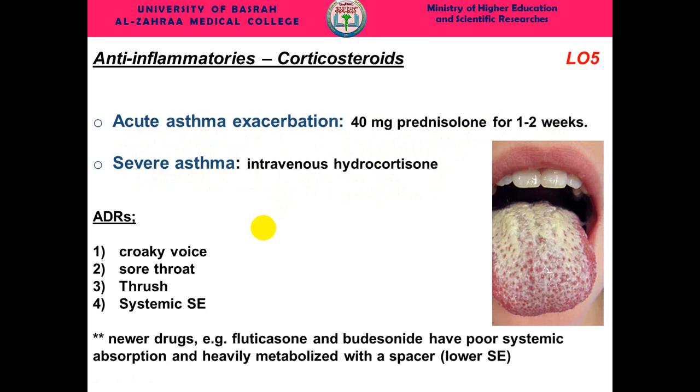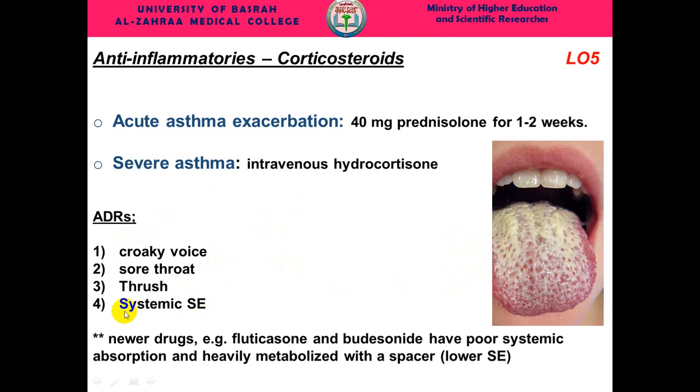Unfortunately, corticosteroids have a lot of side effects, including croaky voice, sore throat, oral thrush as is shown here in the picture, and oral thrush means fungal infection of the tongue and the mucosal cavity of the mouth.